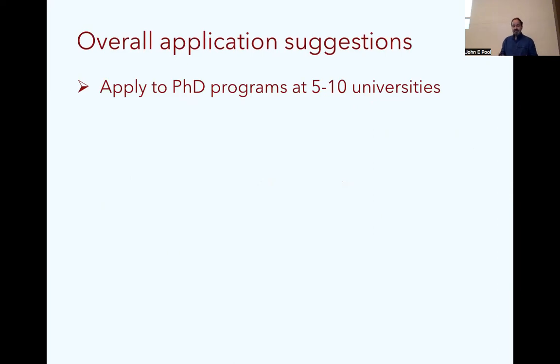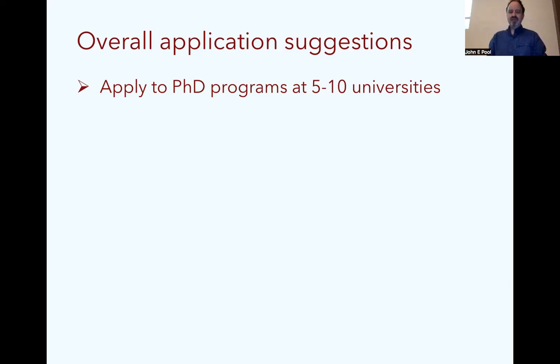So, getting into today's topic, in terms of deciding where to apply, the first bit of advice that I thought I would throw out is maybe apply to roughly 5 to 10 programs. The idea there is that you might not get into all of them. It's nice to have some choices at the end of the day.